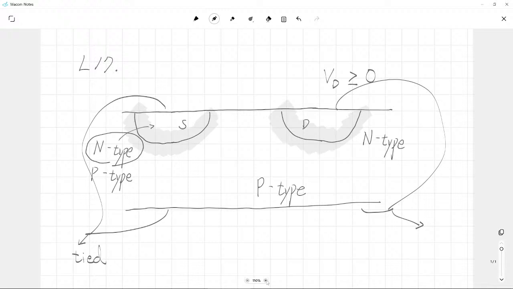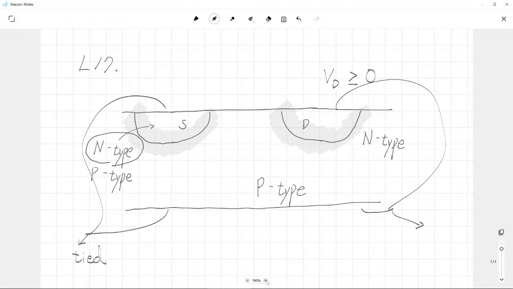So what will happen? In this case, our p-n junction is in its reverse bias condition, since the p-type region is less biased than the n-type region. In this reverse bias condition, you expect a really small amount of current flowing through this p-n junction. What was it?